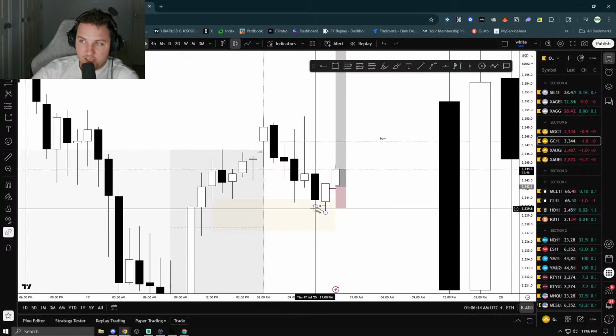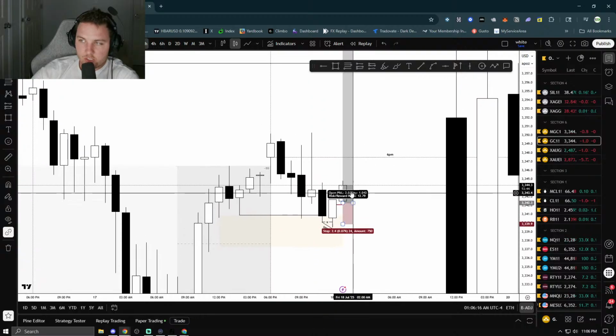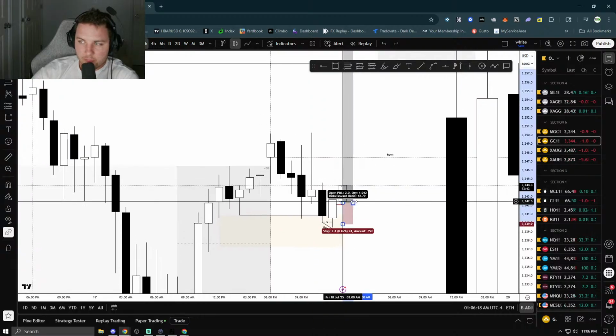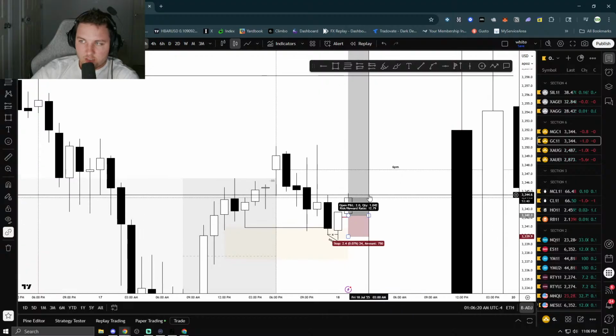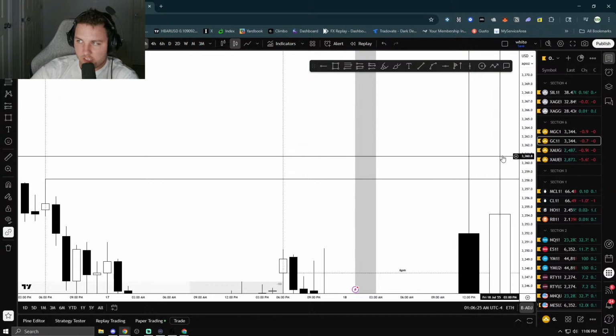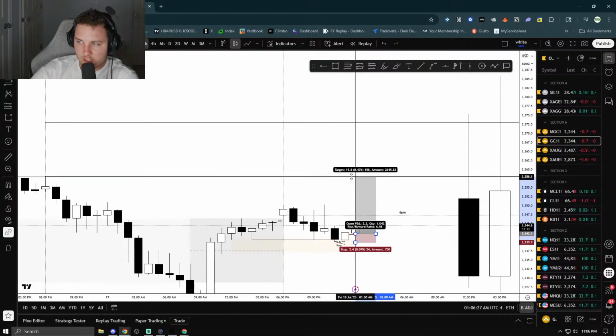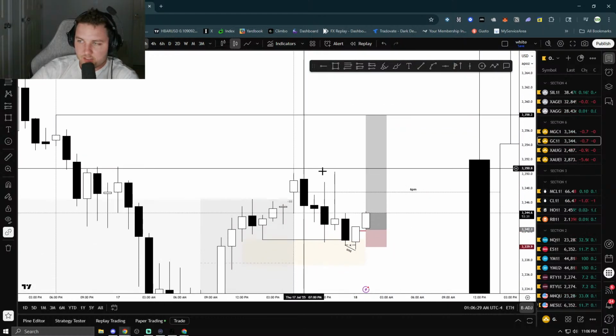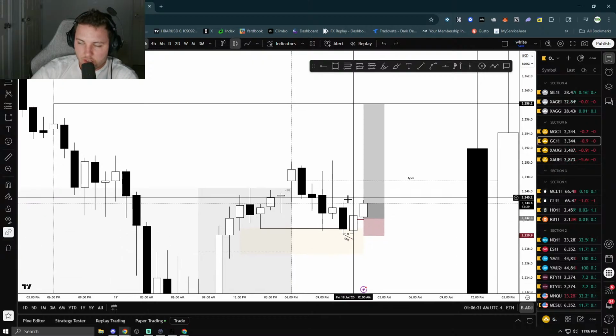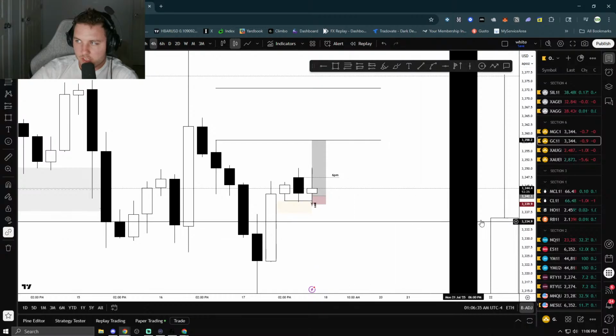If this is low of day, you could literally long right now, put your stop down here, and we should be good, right? Okay, this is a bit absurd, but like right here. That's the point of understanding 4-hour profiles with London, low of day or whatever.